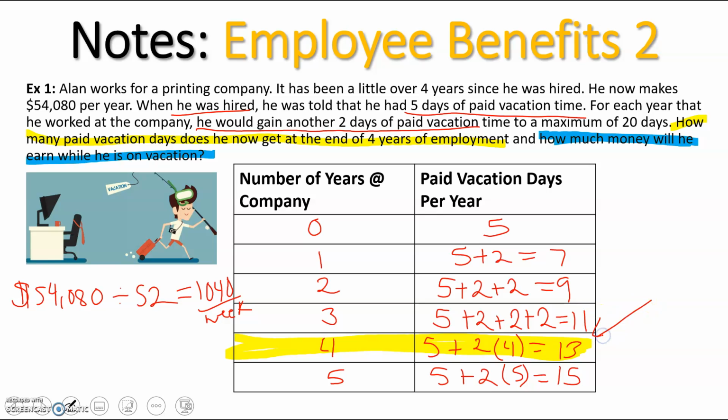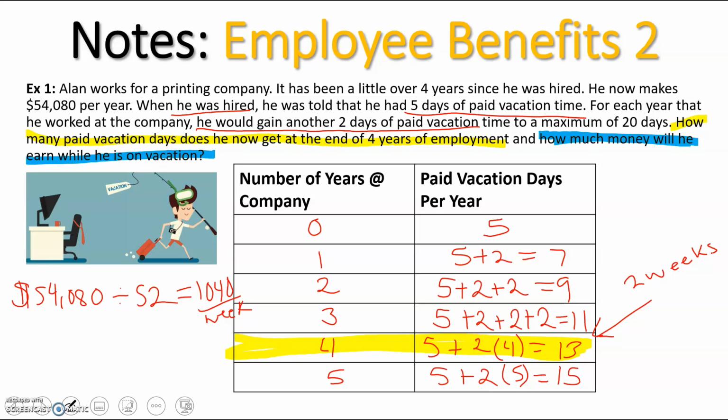So this 13 days here is 2 weeks and 3 days. So this is 2 weeks of work and 3 days, and 3 days is how much of a week?